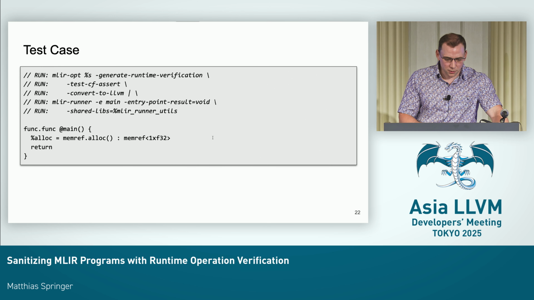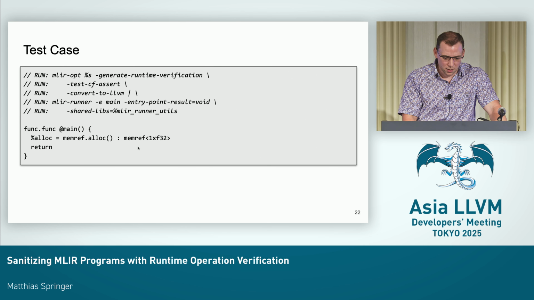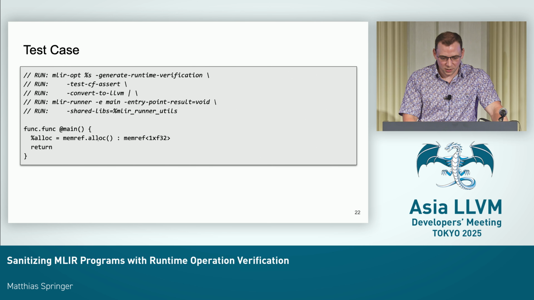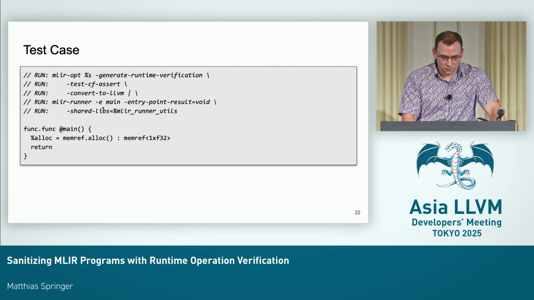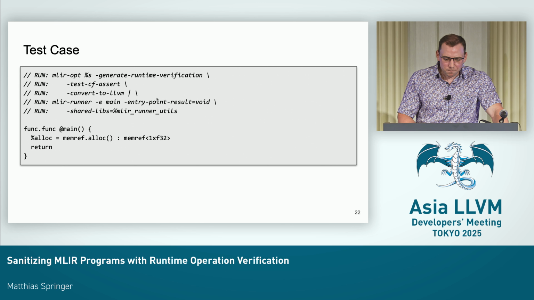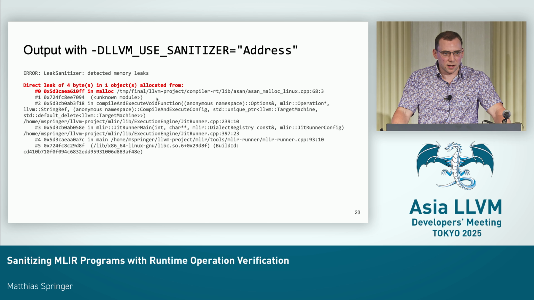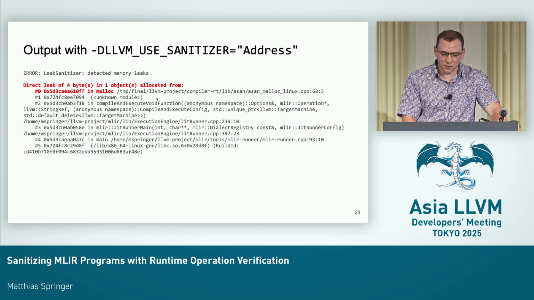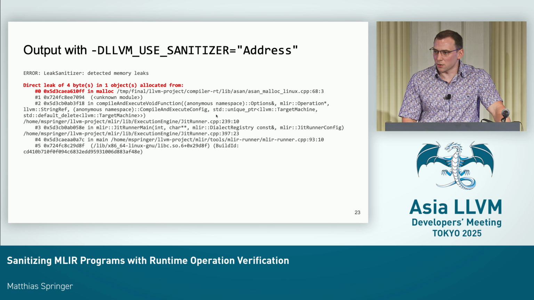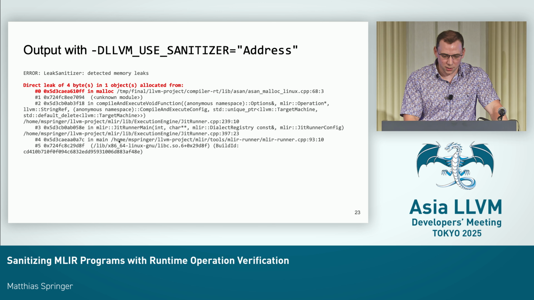There's a simple test case here, a memref.alloc without a dealloc, and this is how we would run the test case. There's also the standard LLVM sanitizer. If you build LLVM with LLVM_USE_SANITIZER equals address, memory leaks are also detected, but you get a not very useful error message. Basically, it tells you you have a malloc here but no free, but you don't really know where that happened.